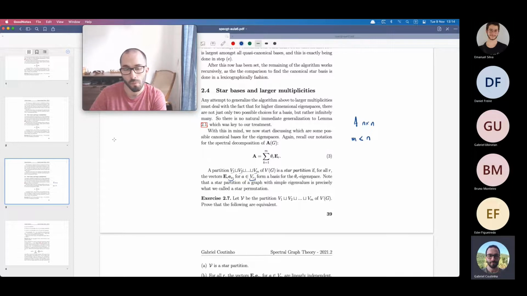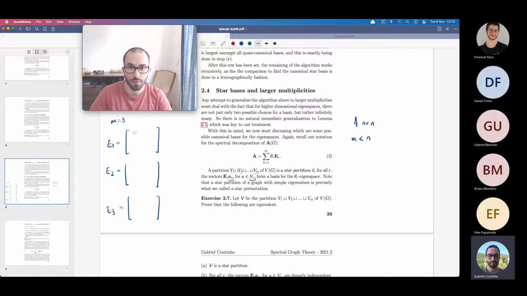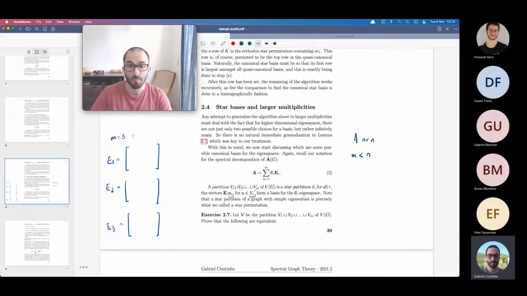So imagine that m is equal to 3. I'm writing the first projection, the second projection, and here the third projection. Recall that all these rows and columns are indexed by vertices. I am also partitioning the vertices of the graph into 3 cells. So let's say that I have some vertices of the graph corresponding to this, some corresponding to this, and some corresponding to this.